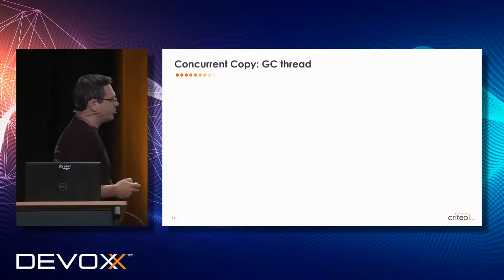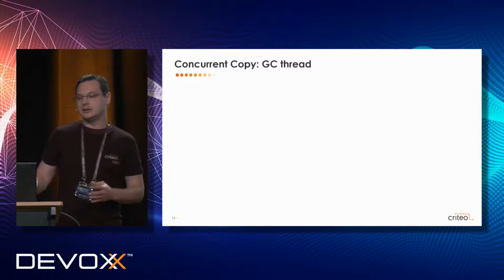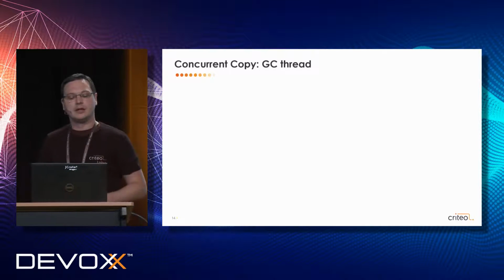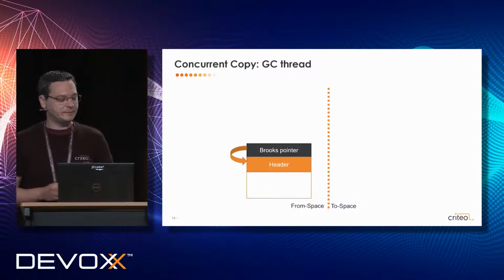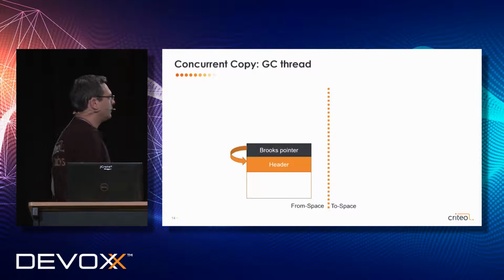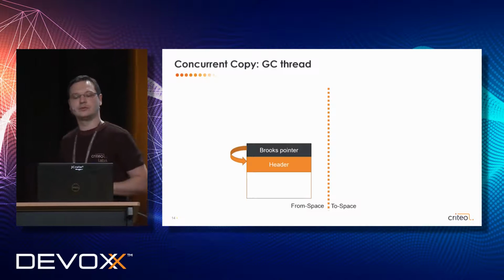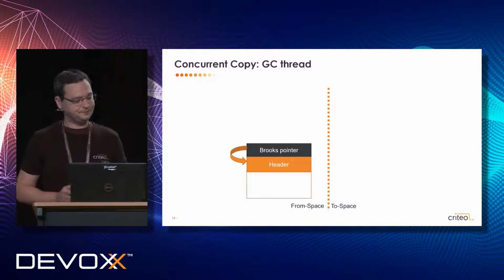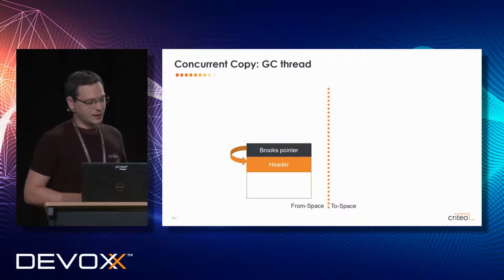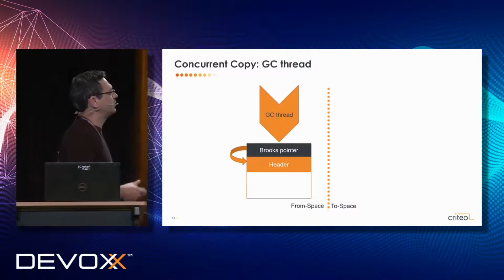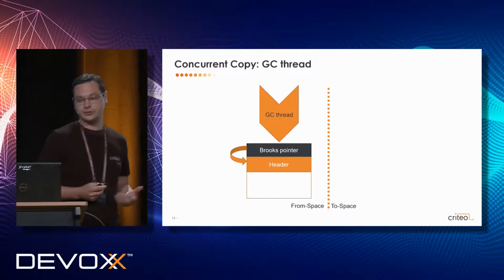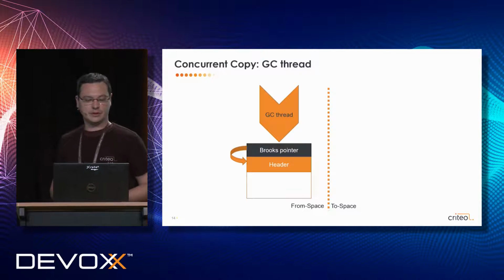What about the concurrent copy? When we deal with the concurrent evacuation, if it's done by a GC thread, it's pretty simple. We have the from space and the to space, so the source region and the destination. We have a GC thread that will get an object and move it to the destination region.